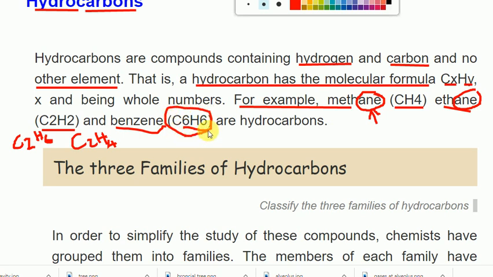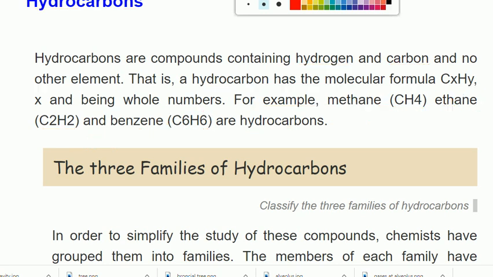This is for your O-level, you will study benzene more in advanced level. So methane, which is CH4, ethane, and benzene, which is C6H6, are hydrocarbons. These are just examples of hydrocarbons that you need to know for your level.